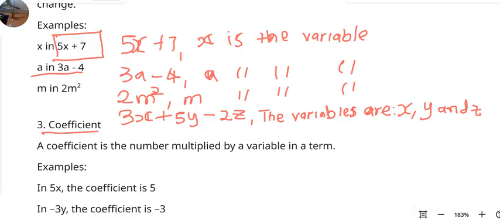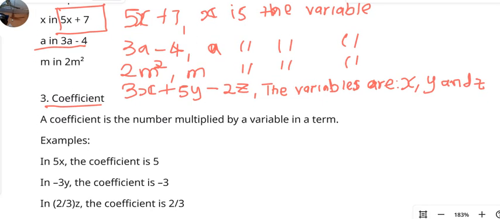Most of the time, it's by multiplication. Once you see an expression, just look at the number that is attached to a variable. The number attached to a variable is called the coefficient.